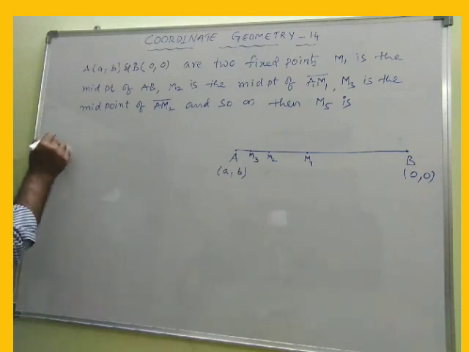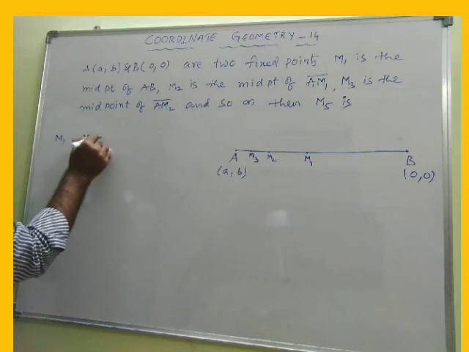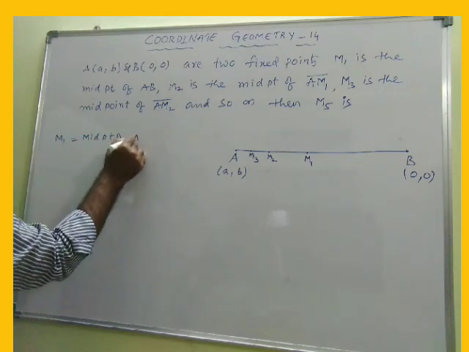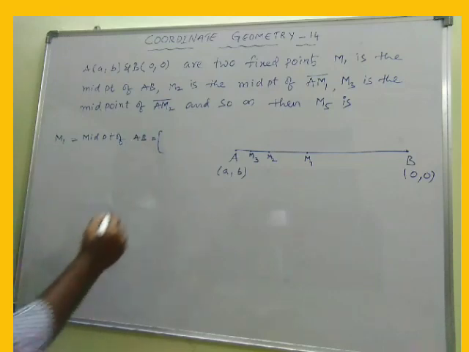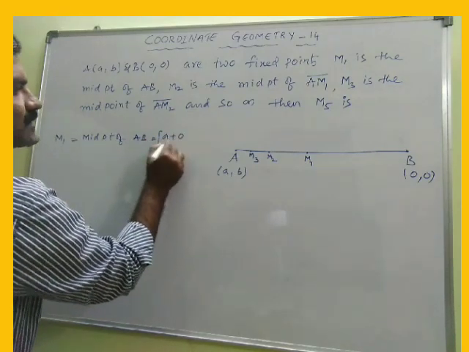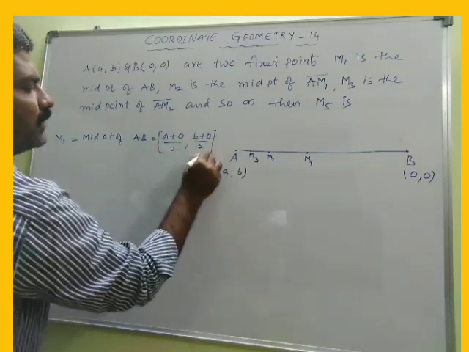So let us see what is capital A is A comma B and capital B is 0 comma 0. So clearly, first of all, if I want M1, which is the midpoint of AB, that is nothing but the midpoint concept: x1 plus x2 by 2 comma y1 plus y2 by 2.